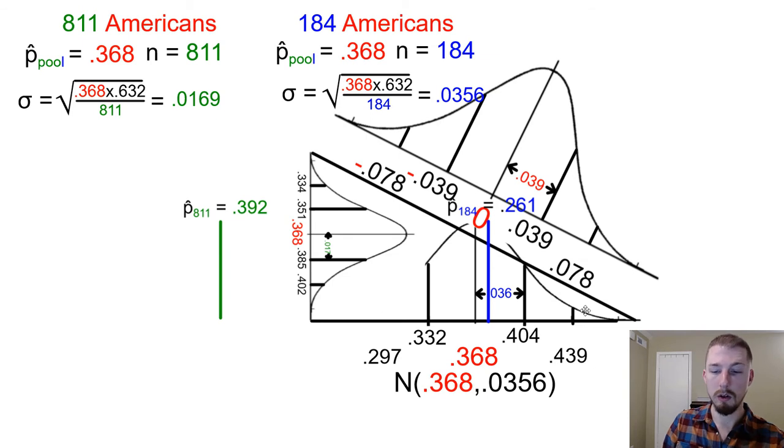So basically we do a squared plus b squared is equal to c squared. We do our Pythagorean theorem of our standard deviations, and that will give us the new standard deviation for the sum of two different groups of pooled Americans. So a group of 811 Americans plus another sample of 184 Americans in this case.